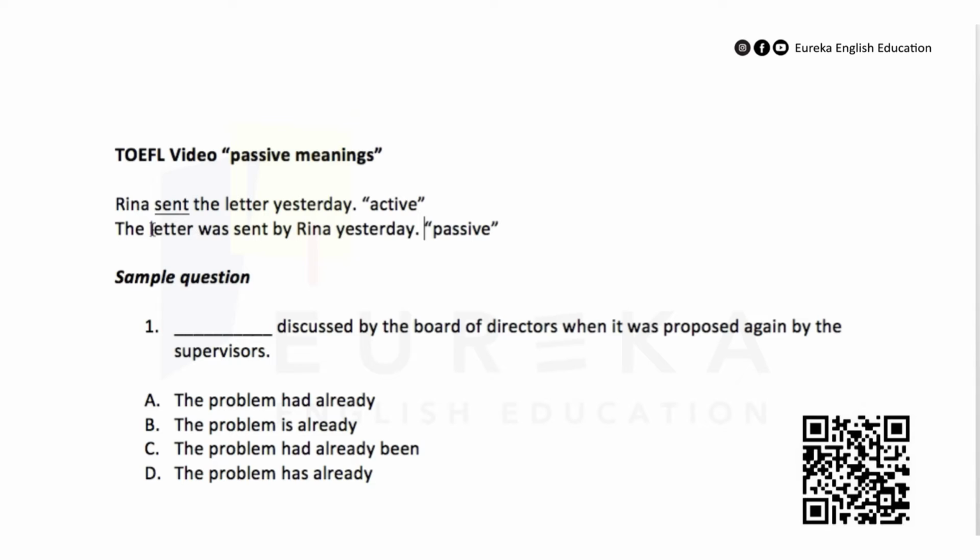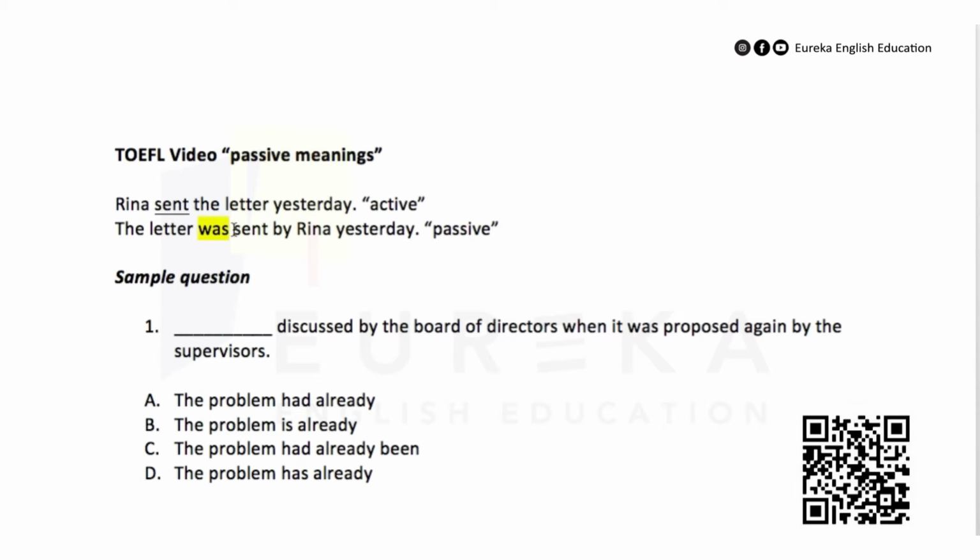This is an example of a sentence which has a passive meaning, and there are different forms of the passive verbs, depending on the tenses. But what I can emphasize are the two main characteristics of passive verbs, or the sentences which have passive meaning. The first one is the form of to be, like is, am, are, was, were, just like in the sentence.